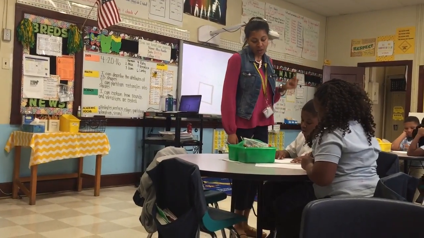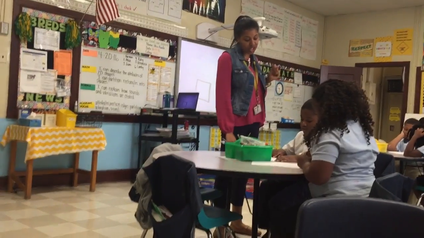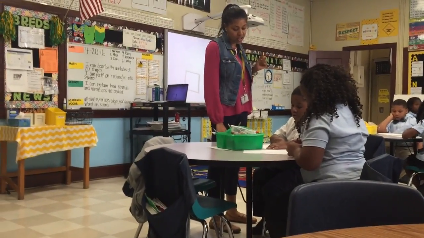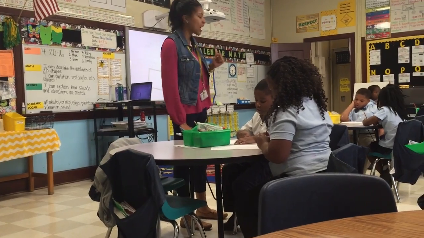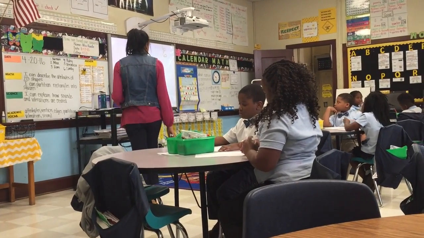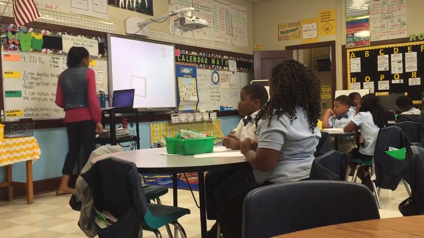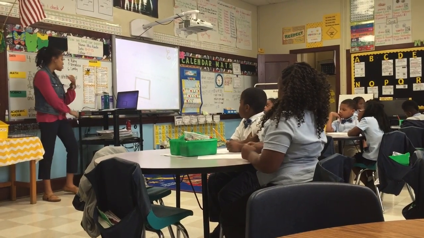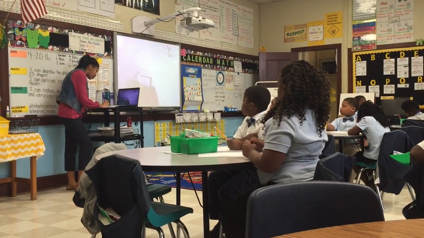Let's read the next step. Ready and go. Next, partition the square into 3 rows and 2 columns. 3 rows and 2 columns. Box out 3 rows.